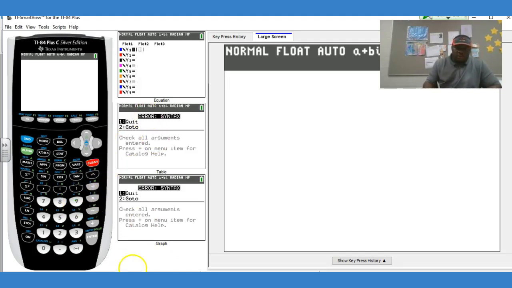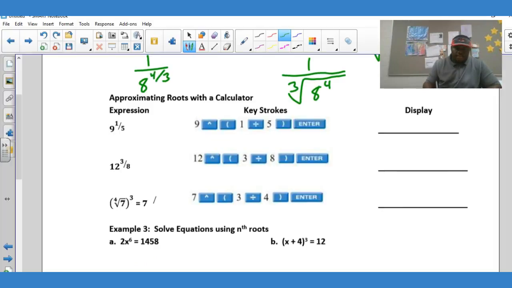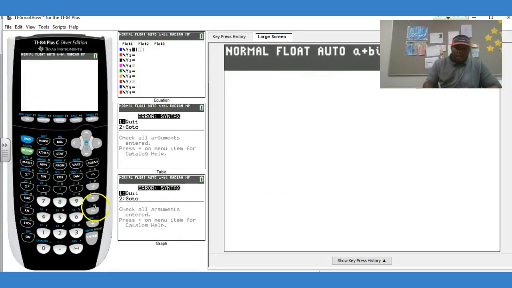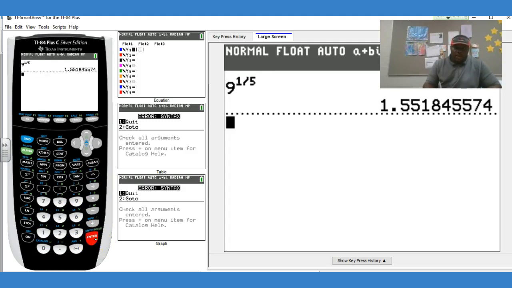Hold on, calculator's on the fritz. I'm trying to get 9 raised to the 1 divided by 5. Like that, all right? There's your approximation.